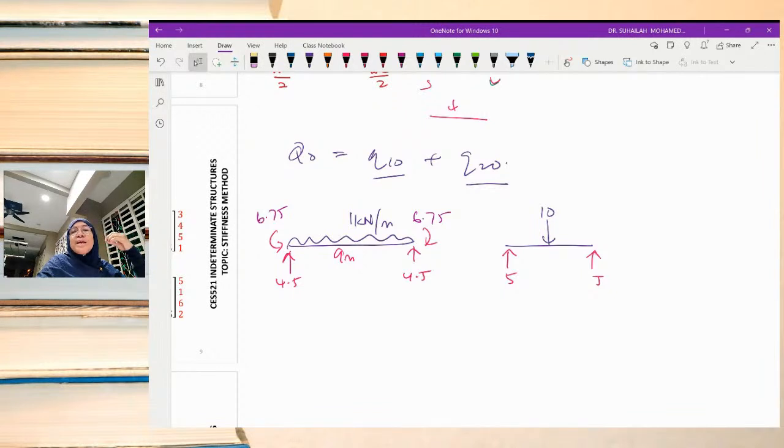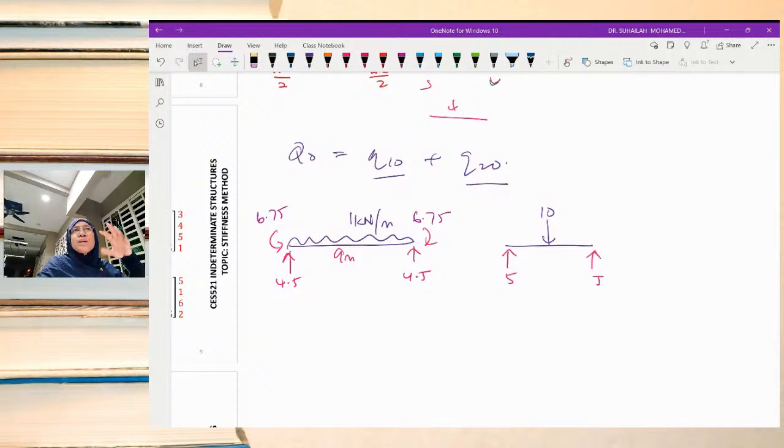That is why we get 6.75 and 6.75 for A and B. Moving to member BC, besides the vertical reaction 5 and 5, it also has moment at B and at C. The formula to calculate the moment at B and C due to a point load at the center is PL over 8.